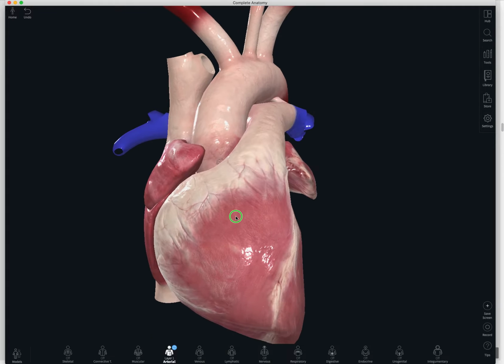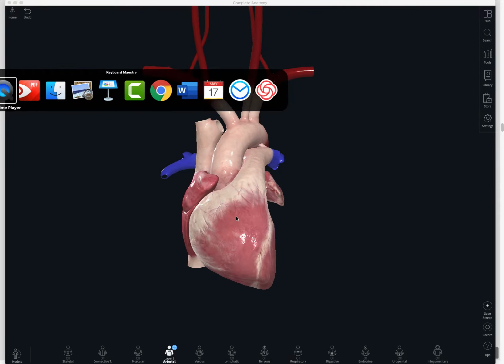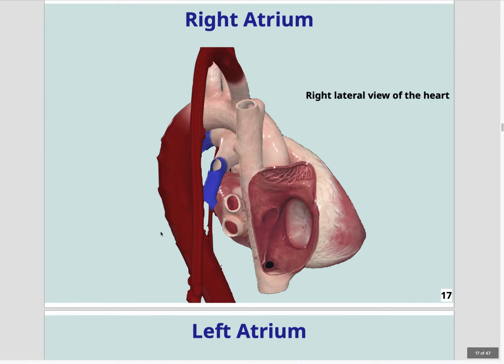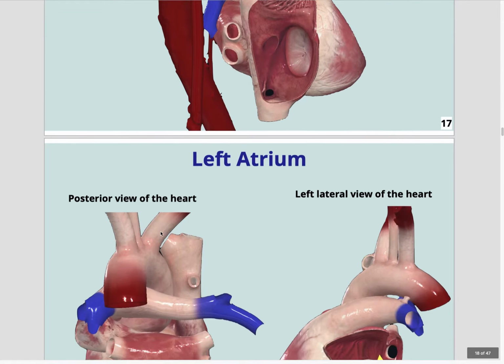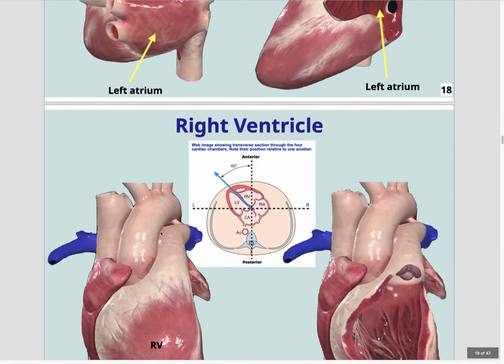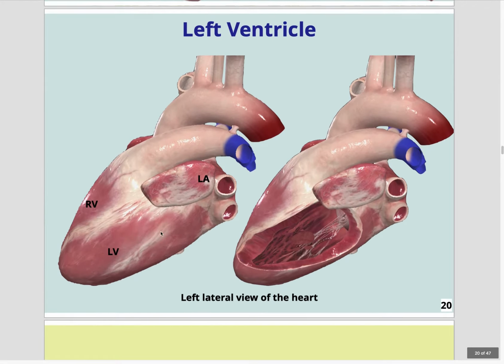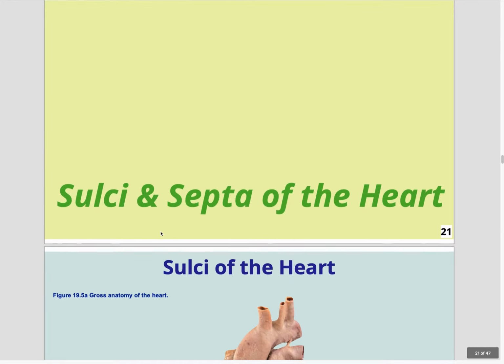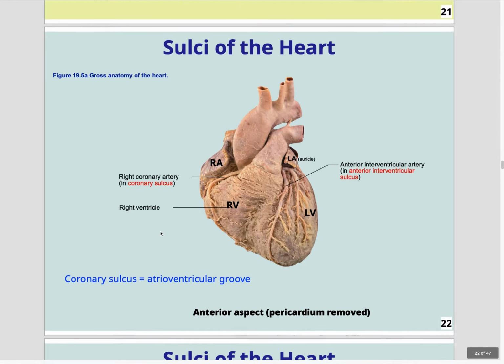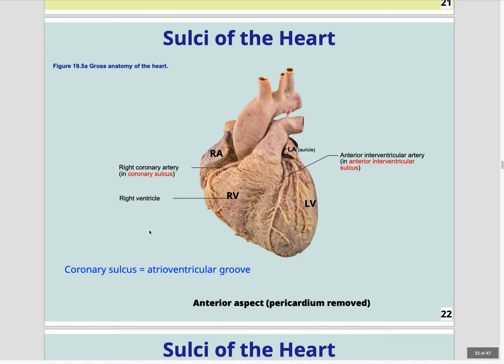I'll switch back to the slides. So that's what we were just looking at. Here's another image showing the same thing.